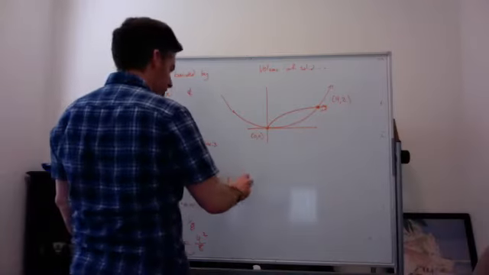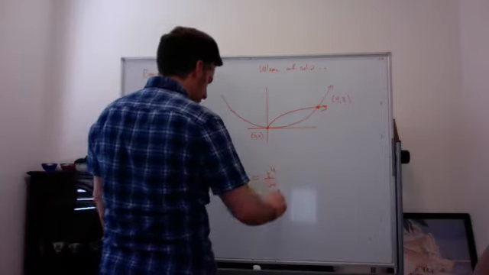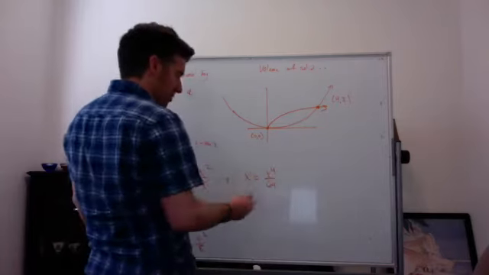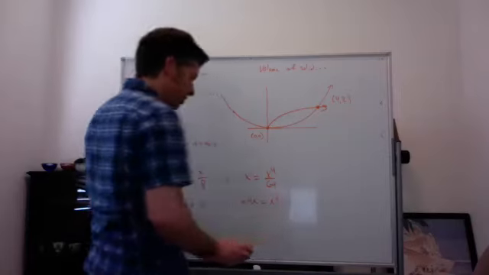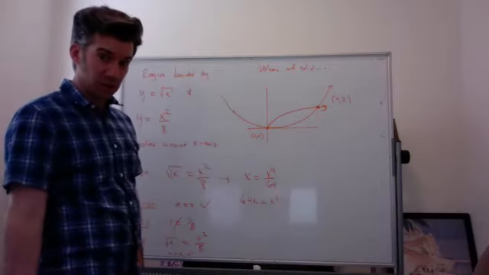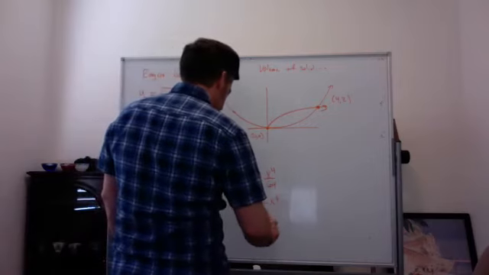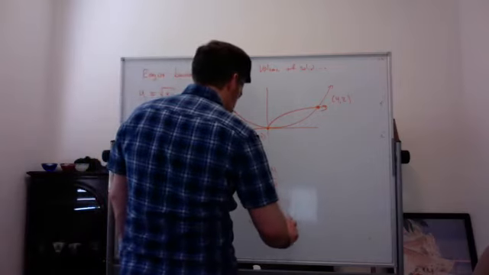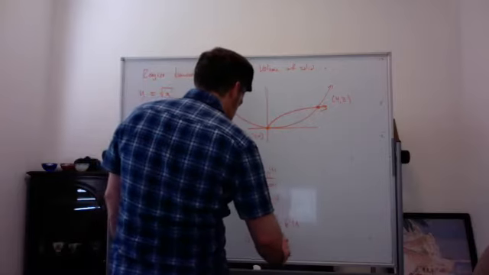Squaring both sides leads me to x equal to x to the 4th over 64. Multiply both sides by 64. Don't divide both sides by x, because you'll lose that x equals 0 as a solution. Instead, subtract this over here. So 0 equals x to the 4th minus 64x. Factor out an x.